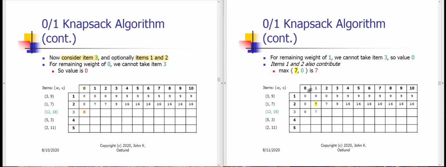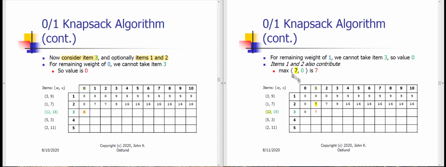Then we move on to the next column, in which we have 1 unit of available weight available in our knapsack. Now if we look at the size of item 3, well, it requires 12 units of weight in order to go into the knapsack. It's not going to fit in the knapsack if there's only 1 item of weight available.